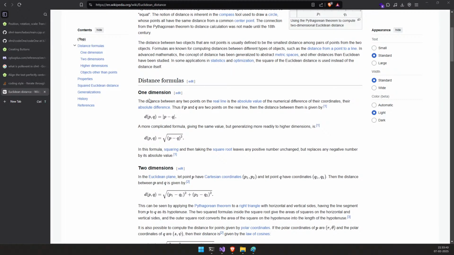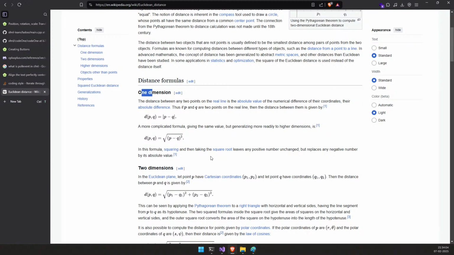Distance is p minus q. If we get p minus q, square root of p minus q squared distance. So we have here two points, one dimension.